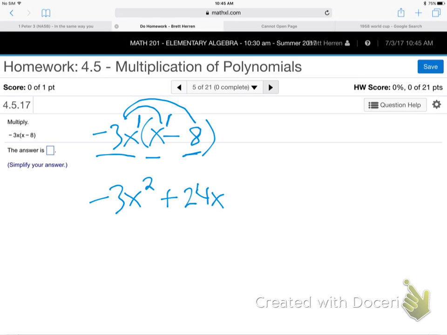Positive 24x. Good like that, and we're done. That's all we need to do on that one. Any questions? All is well.